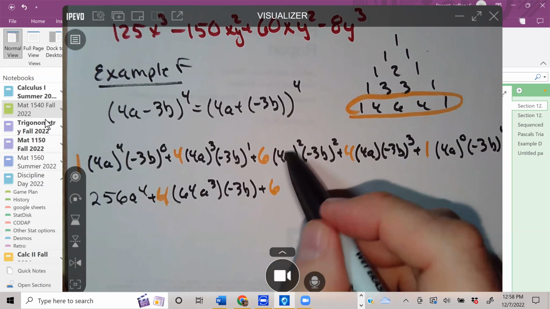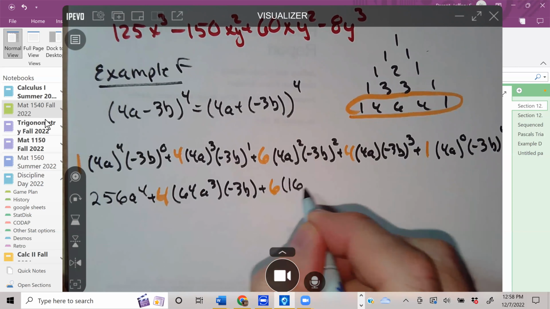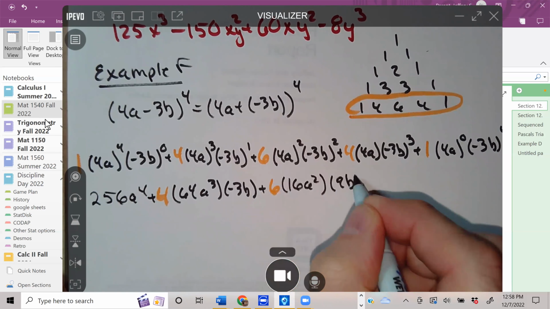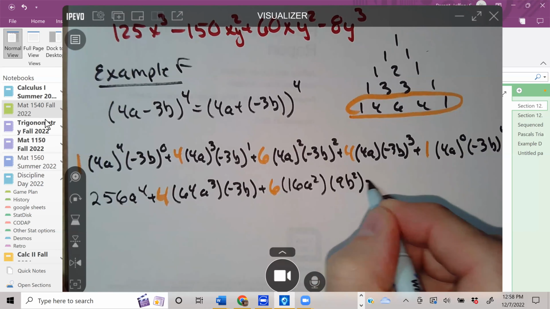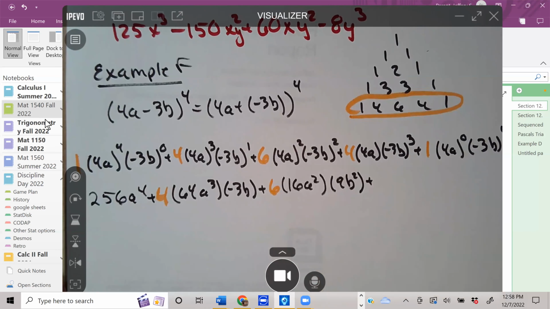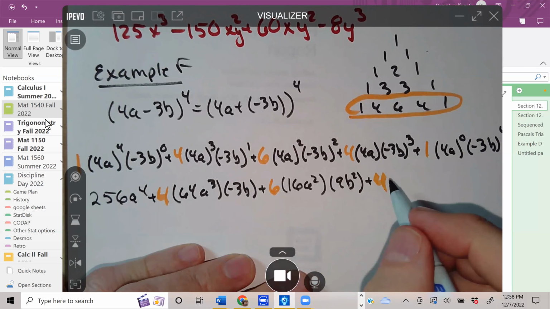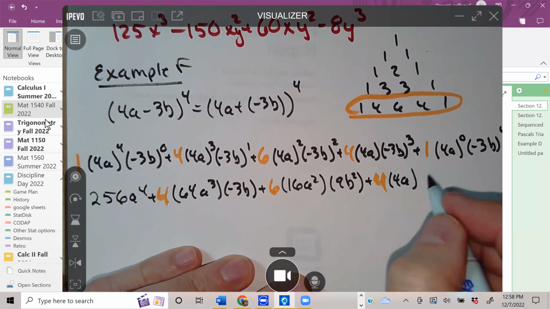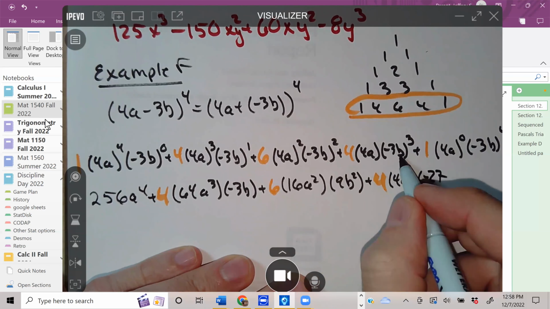So the first one is going to give me 16a squared times 9b squared. And hopefully doing it slower like this will help you out see where these things are coming from. 4a, negative 3 cubed is negative 27, b to the 3rd.